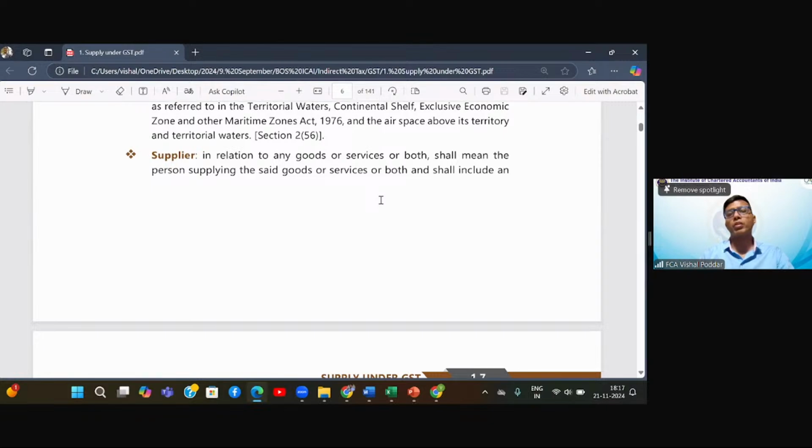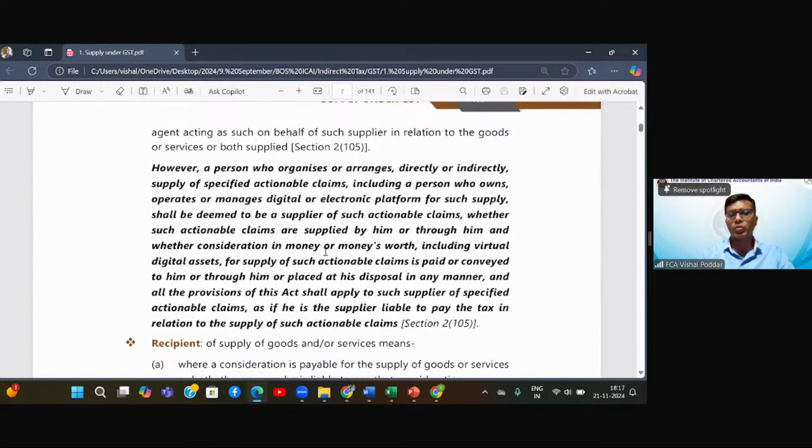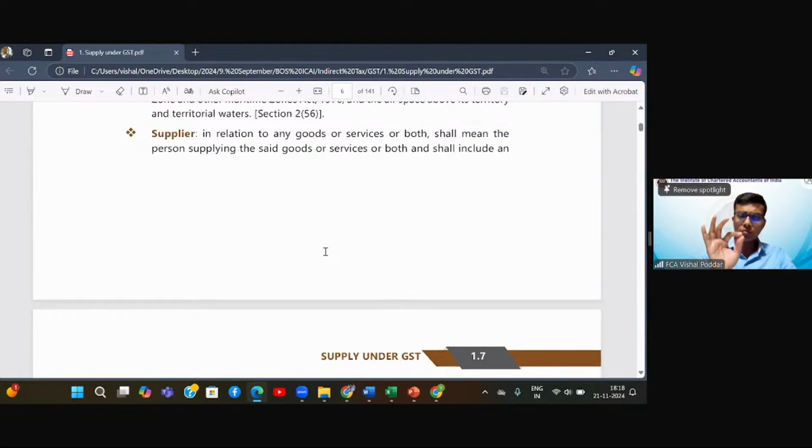Then we have a definition of supplier, which also has an amendment, which Hemant was highlighting. Now, this amendment is in relation to online gaming. Since Hemant had raised a question, let me explain this point in detail. Firstly, in general, who is a supplier?